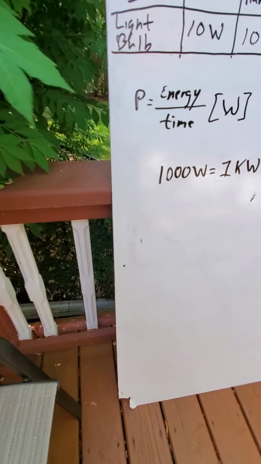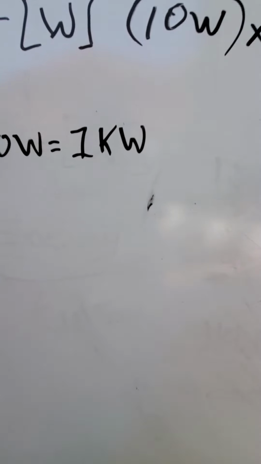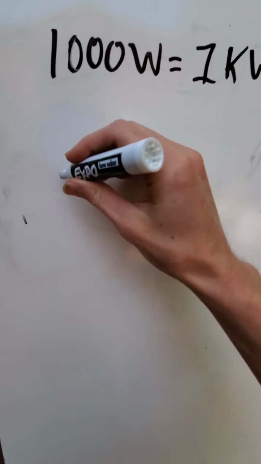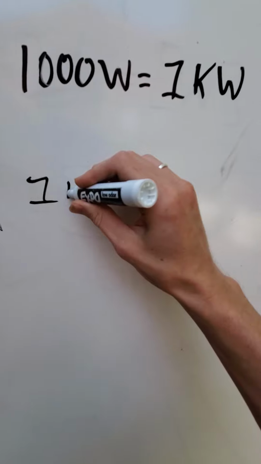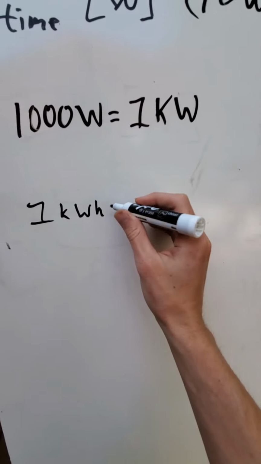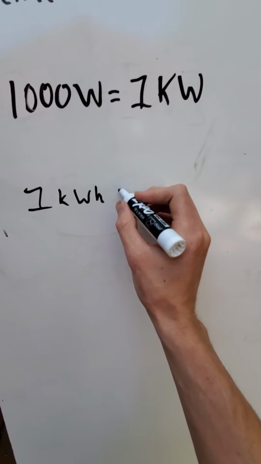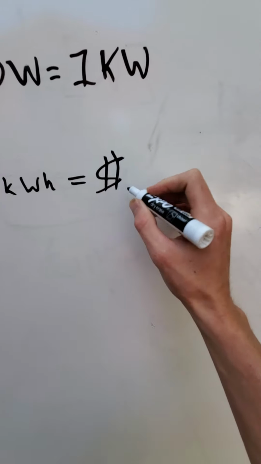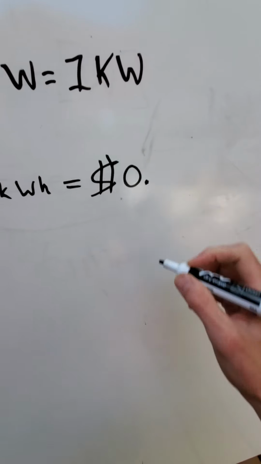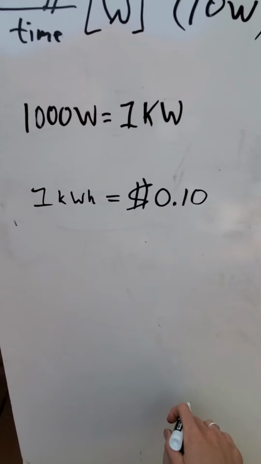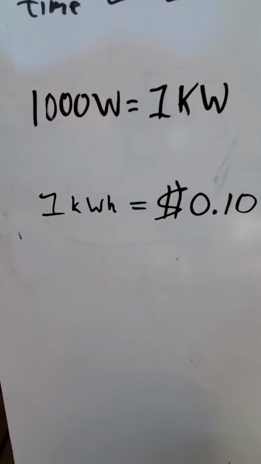The energy company is charging us for every 1 kilowatt hour we use to run all the electronics in our home. My bill's about 10 cents or 12 cents per kilowatt hour, but let's just make it easy. Let's make it 10 cents, and that's a good enough estimation.